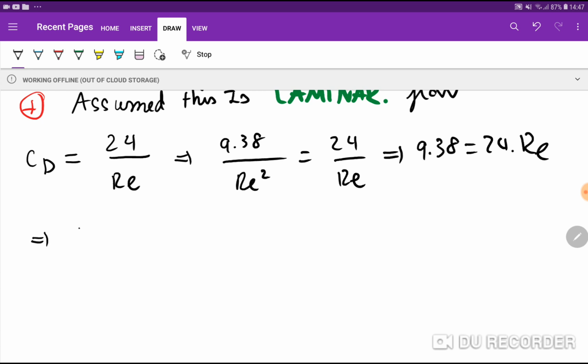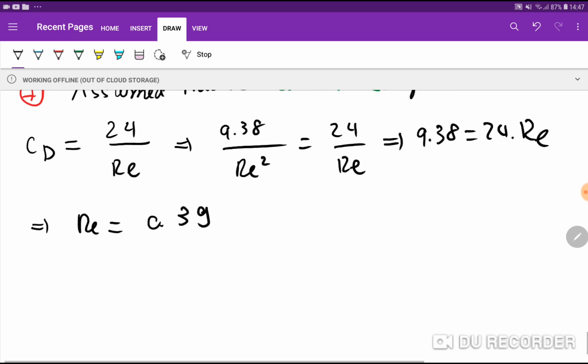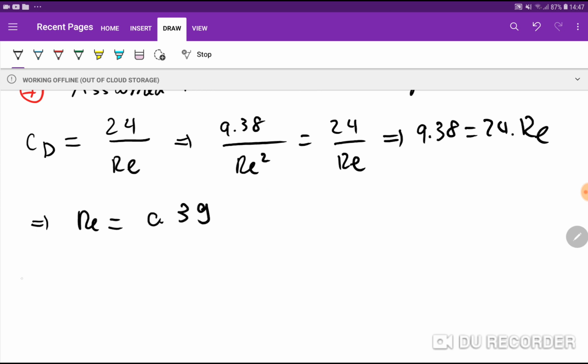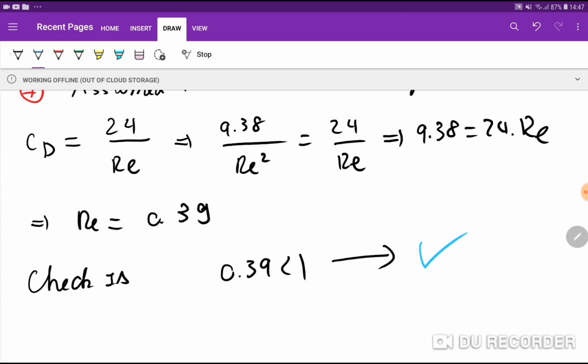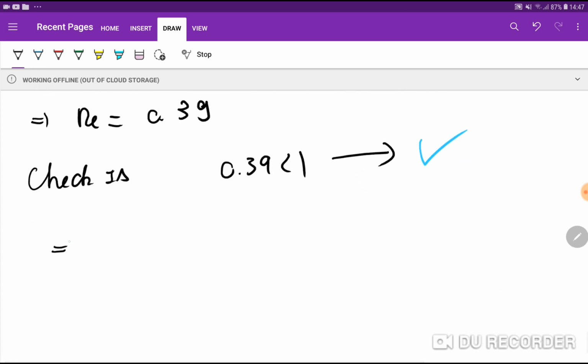Okay, you're going to get Reynolds number equal to 0.39. Okay, all you need to do is check if 0.39 is less than 1. Yes, it does. Yes. So, our flow is laminar.